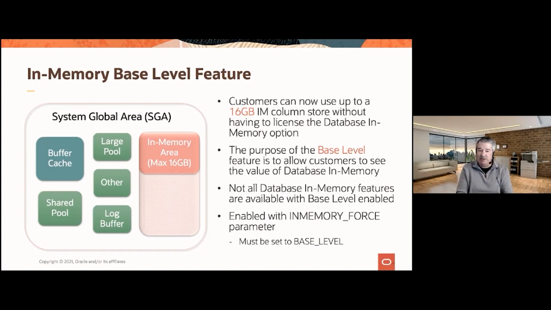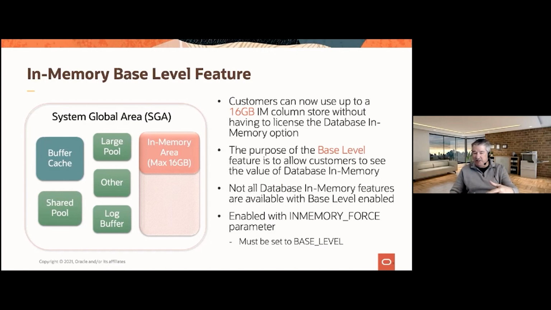You could also say INMEMORY_SIZE equals 16 gig for both PDBs, but then one's going to get it and one's not, because they're not going to start up at exactly the same time. So the idea is that the PDBs share the total resources of the CDB, and in the case of the in-memory column store, each PDB can allocate up to the total amount of column store, but they still have to share it with the other PDBs.